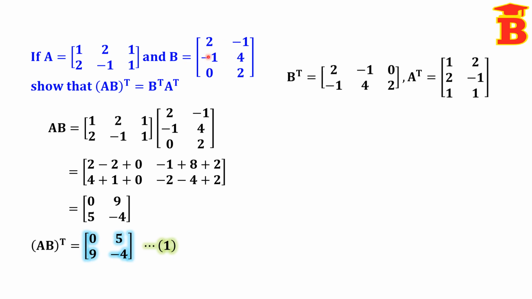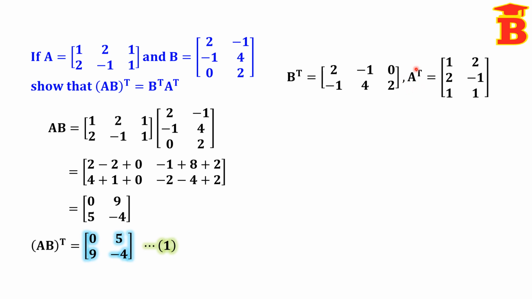So this is B, taking the transpose, interchange rows and columns. This first row 2 minus 1 is the first column. Second row minus 1 4 is the second column. Third row 0 2 is the third column. So this is B transpose.